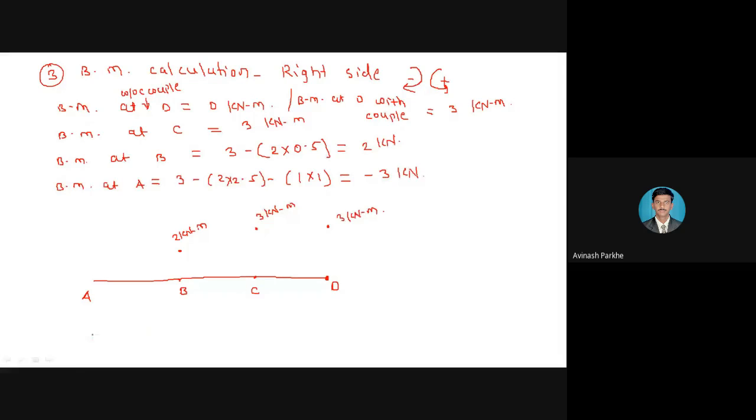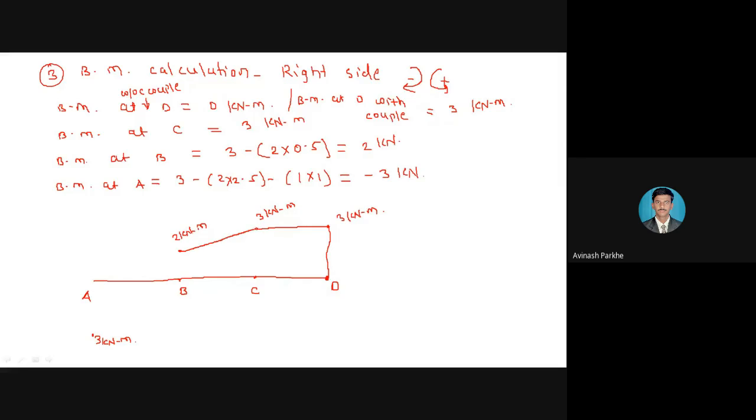So at point A it means 3 kilonewton meter, and we have to join all the points. So from this particular D there will be a vertical line, then a horizontal line, then this is an inclined line.